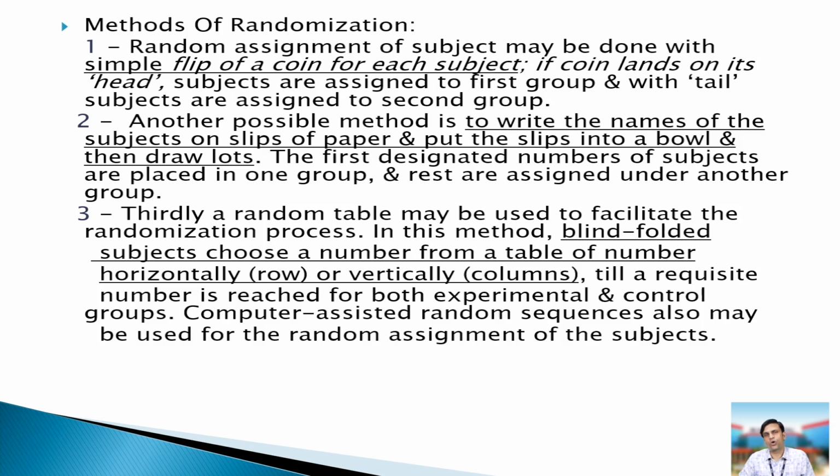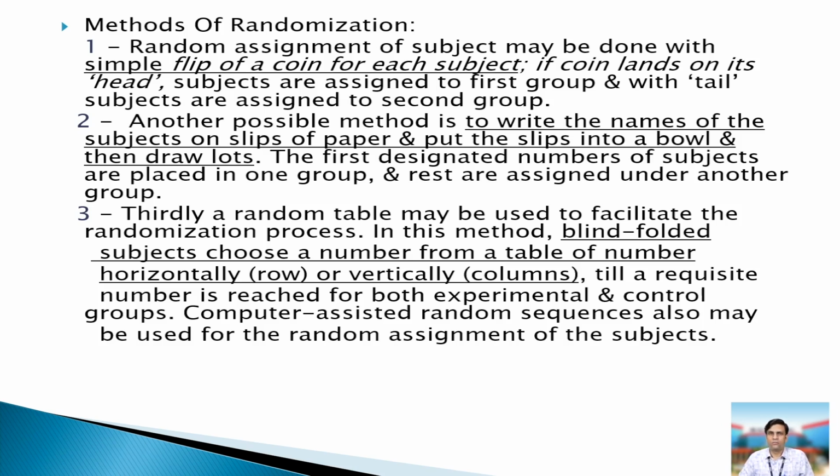Another common and very effective method is the slip lottery method. Now, what is usually done in this type of method is, there are some pieces of paper on which the name or the number of the subject is written, and they are put in one ball.